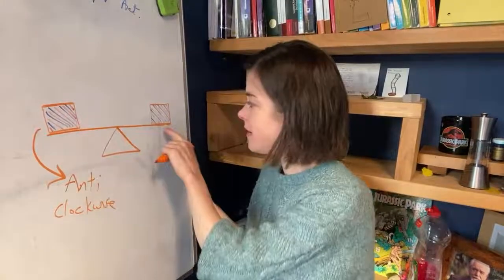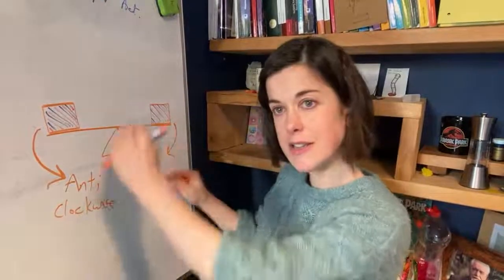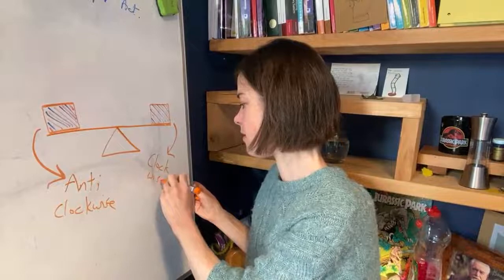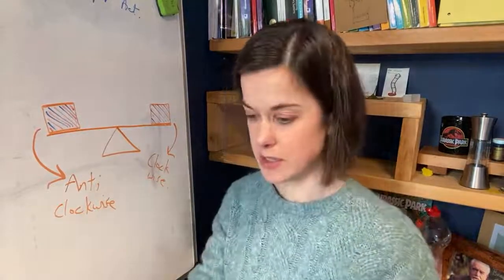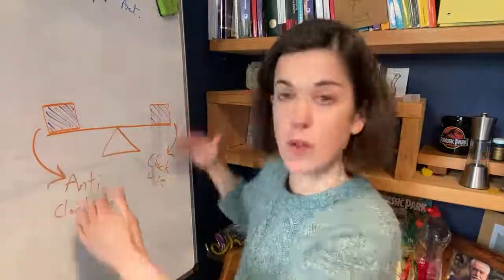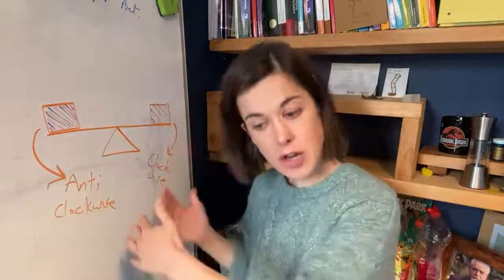And this box on the right-hand side is trying to push the seesaw so that it turns in the clockwise direction. So we wouldn't say the forces were opposite, we would say the moments were equal and opposite. The anti-clockwise moment is equal to the clockwise moment.